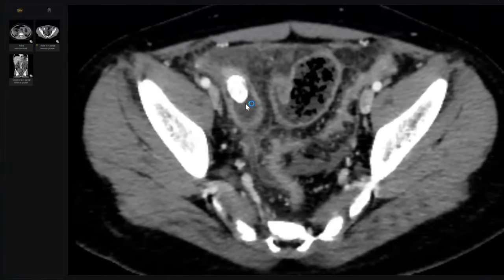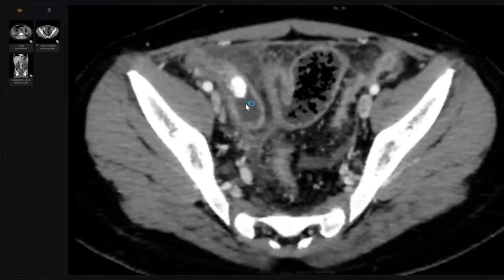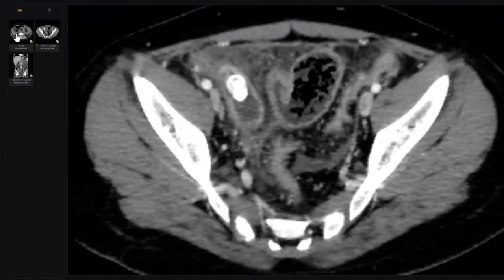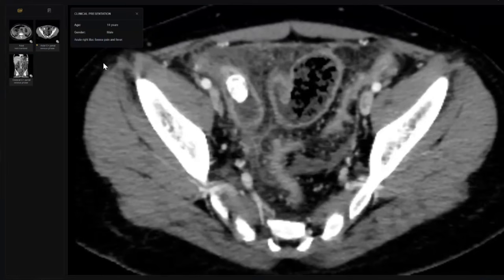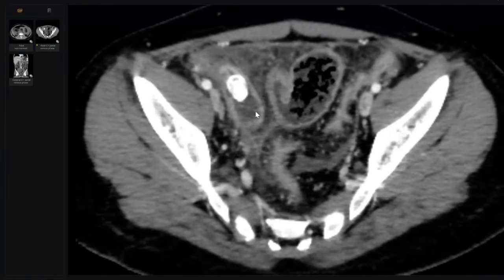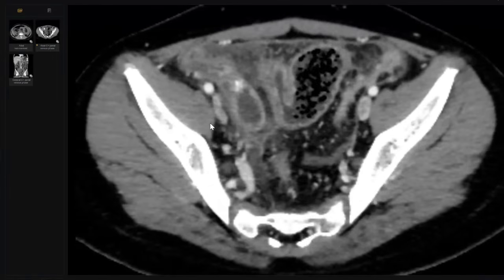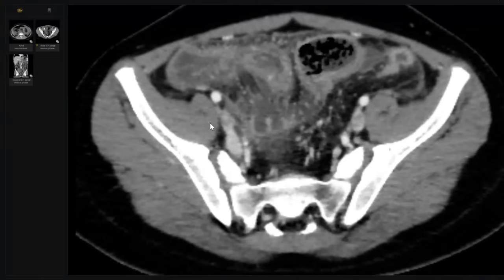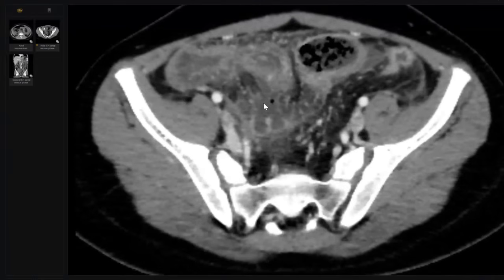What happened here, my colleague? This is the appendix. From the beginning, the examiner gave you a very good clue: 14-year-old, acute right iliac fossa pain and fever. And you find this calcified stone. Follow it, and you will see a blind-ended structure. This one is 100% blind-ended, with perforation here.